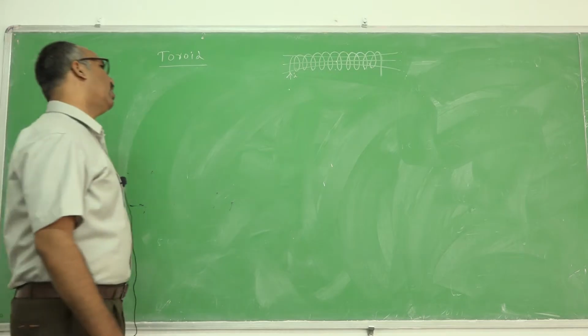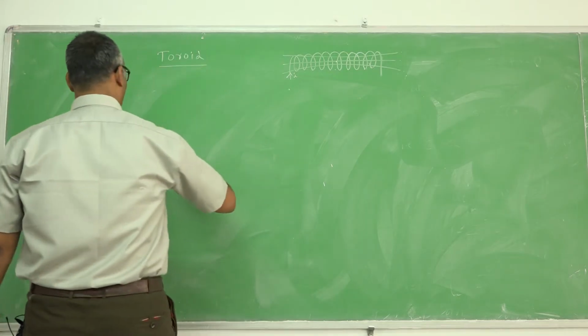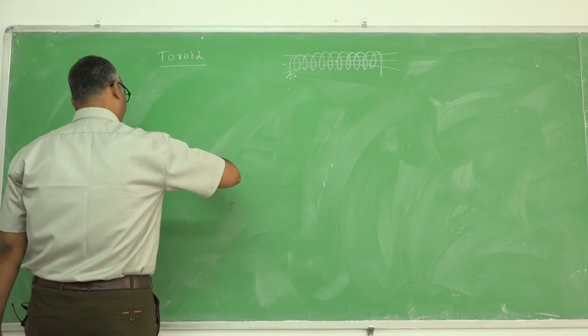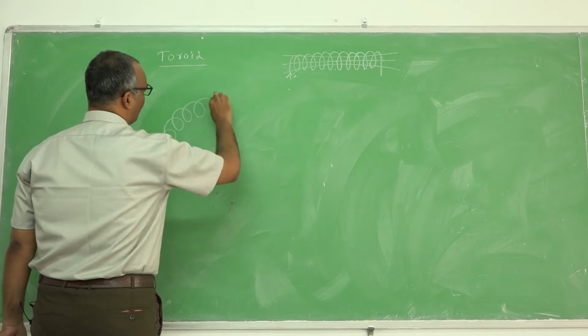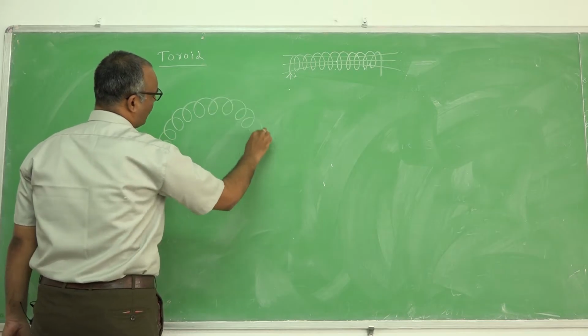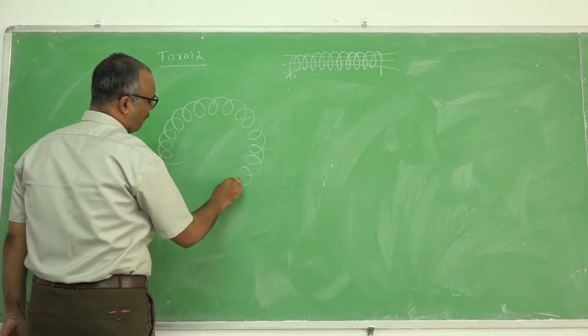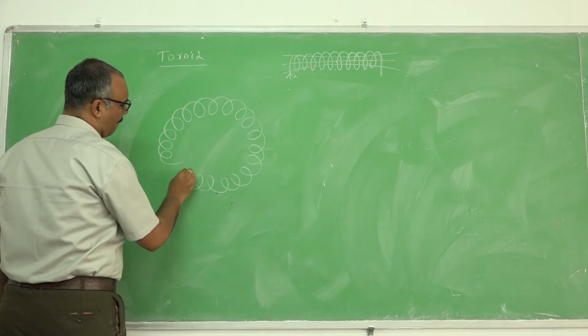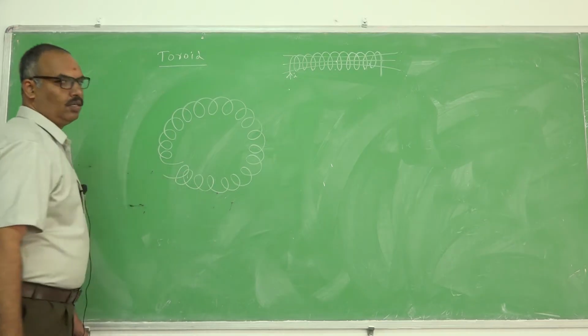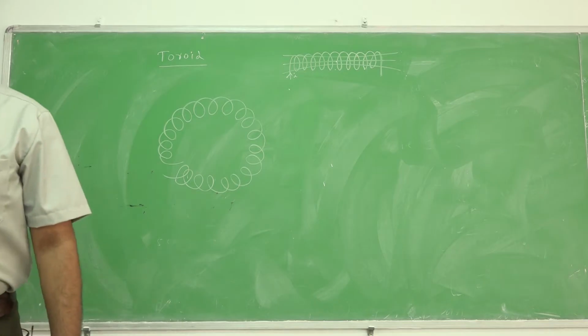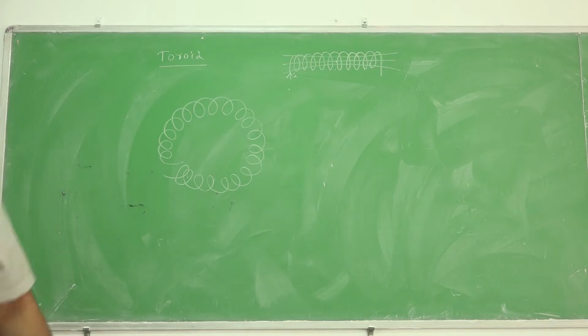If the same solenoid is wound in the form of a circular loop like this, such an arrangement of solenoid is called toroid.